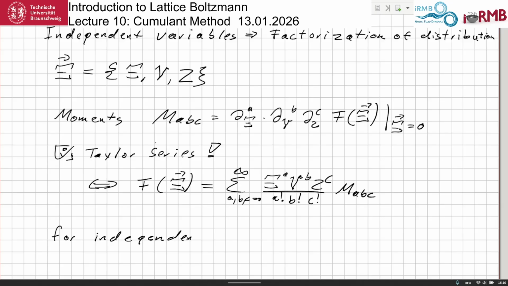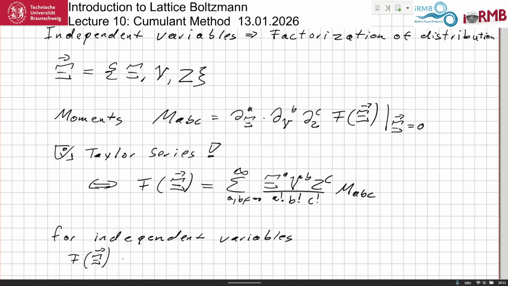For independent variables, what we would have is our f, where all the information is in it, and we want this to be the probability distribution of joint variables.